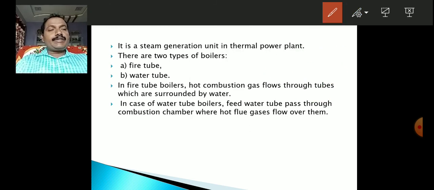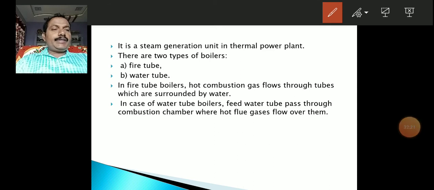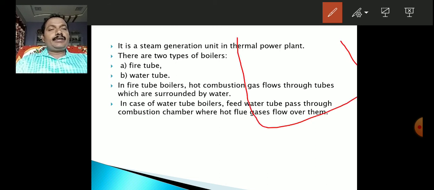Next, let us see water tube boilers. In the water tube boilers, the water runs through tubes, opposite to the fire tube boilers. These water tubes are placed in the furnace. You see, this is the furnace. Fire is generating in this furnace.